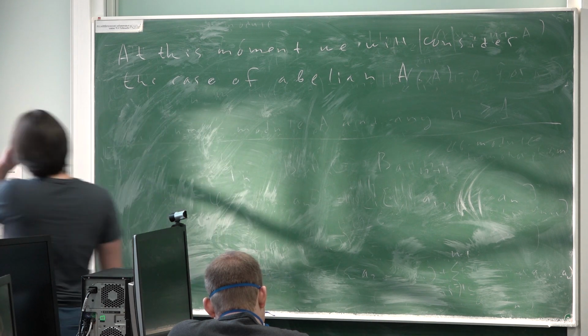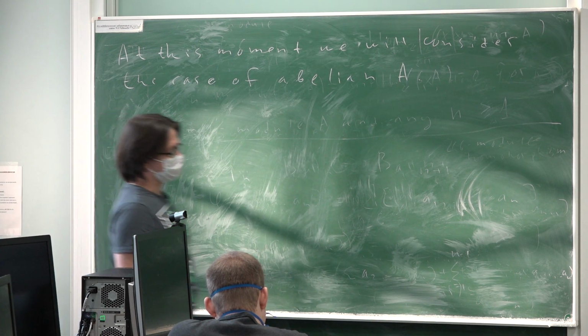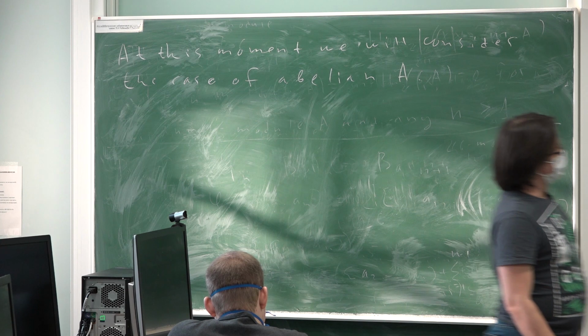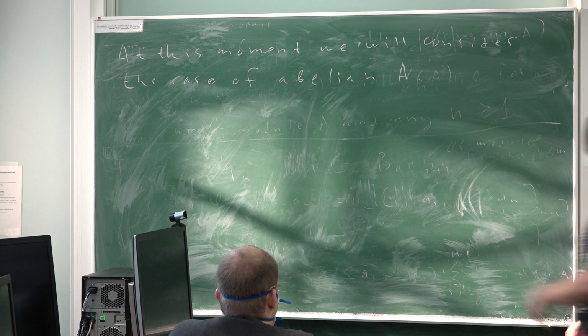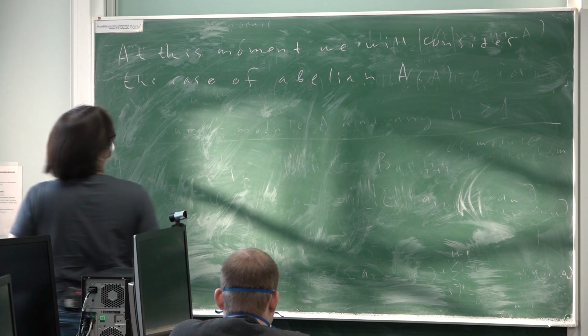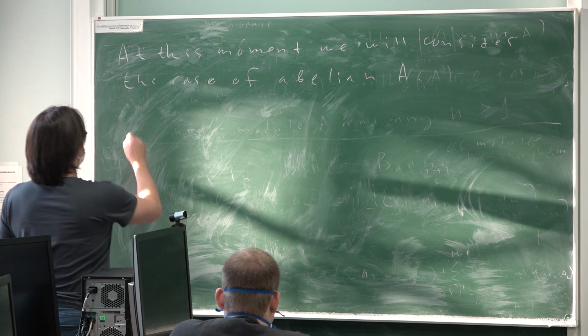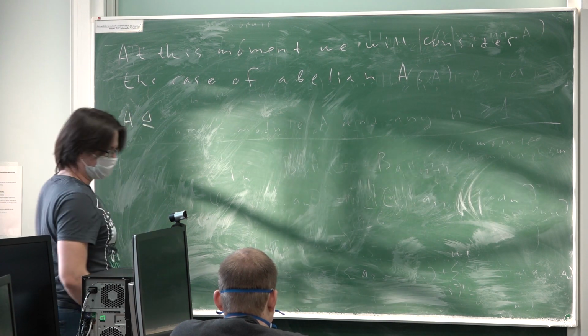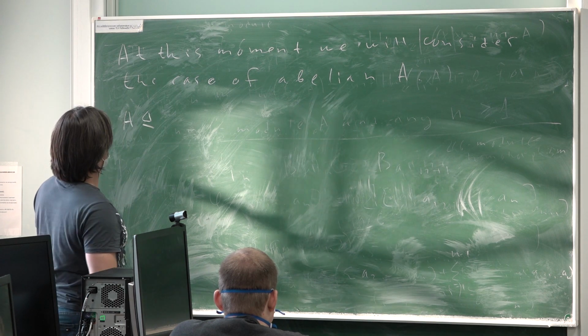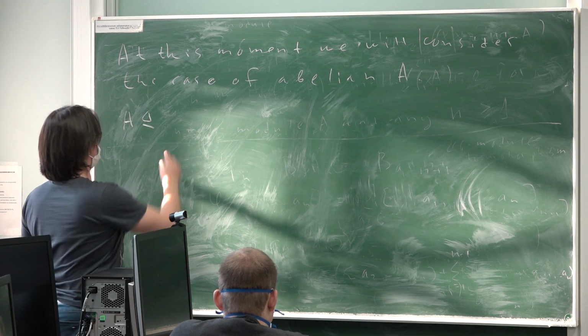If A is an abelian group, then it can be considered as a Z-module. But if you have an extension, this extension gives you an action of E on A, because A is a normal subgroup of E.